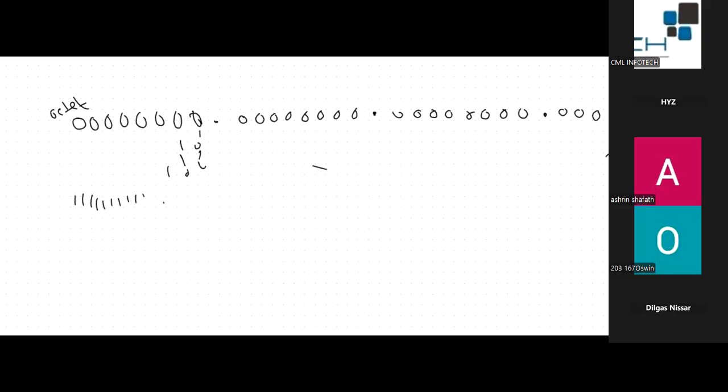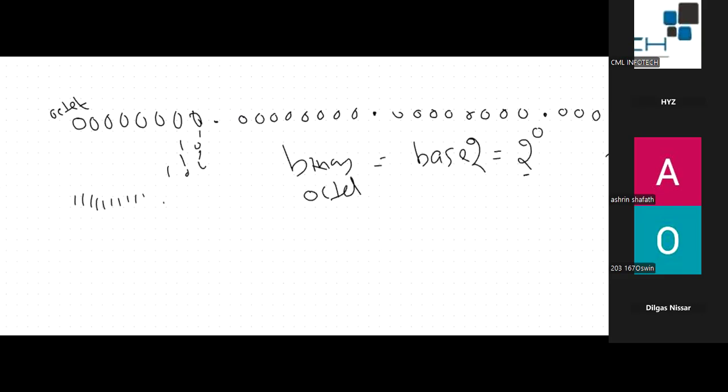So now, how can I convert my binary number into a decimal format? For that, we have a set of calculations. Binary has 2 numbers, 0 or 1. That's why we call it base 2, 2 raised to 0. For an octet, it's 0 to 7, a total of 8 numbers.